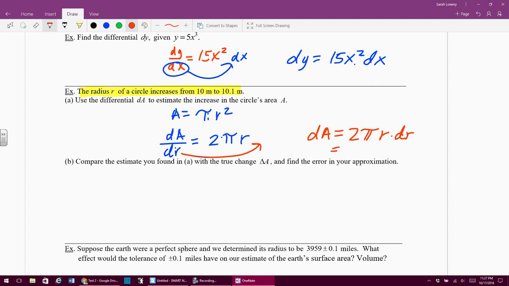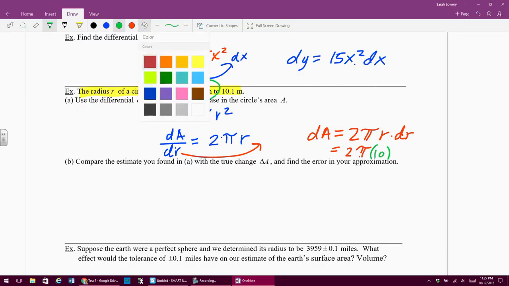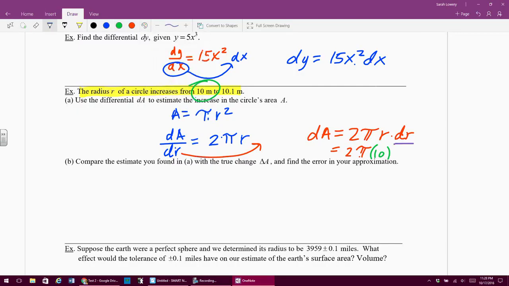So I'm going to say 2 pi. What was the original radius? 10. dr represents the change in my radius. How much did it change by?